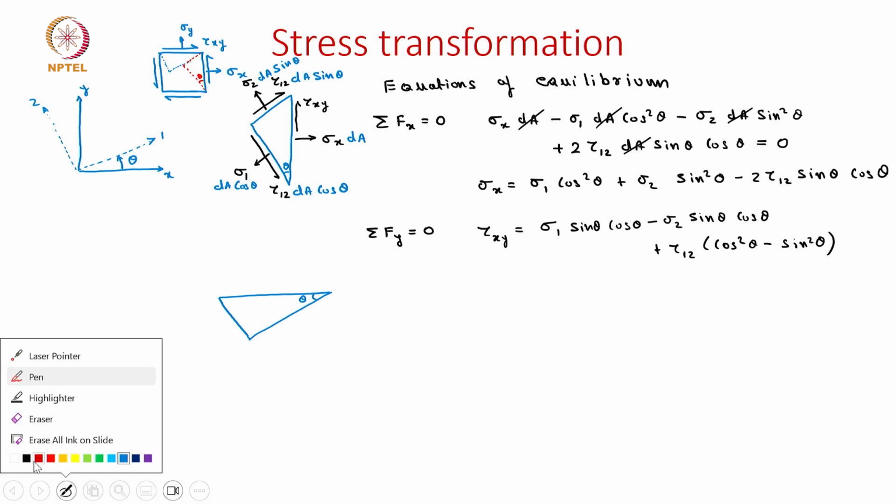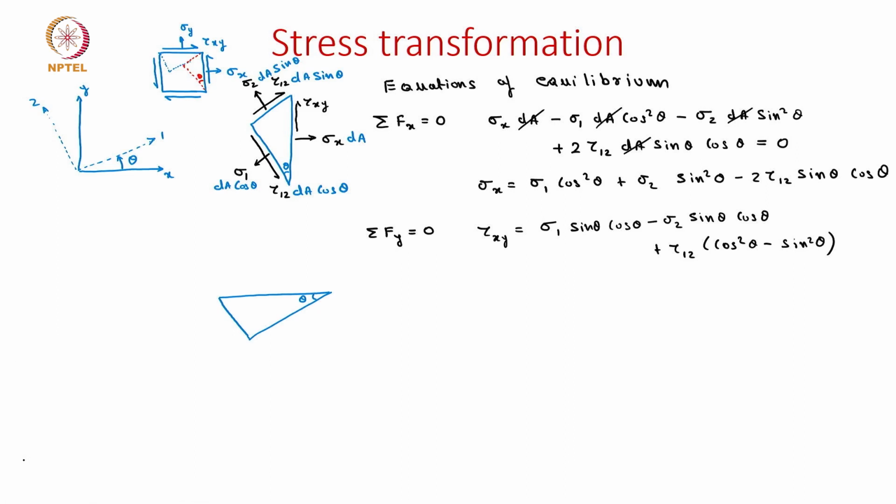Then what are the stresses acting on this wedge? On the vertical face or the horizontal face we have this sigma y and the shear stress tau xy. And what about these inclined faces? Here we have sigma 1 and on the other inclined face we have sigma 2, and then the corresponding shear stresses, which is tau 1 2.